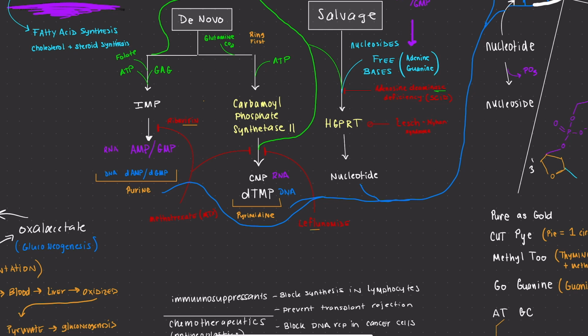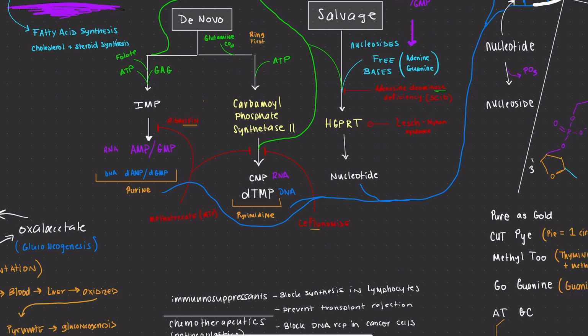For example, you could use methotrexate to treat cancer, because by impairing or inhibiting nucleotide synthesis, we can prevent cell proliferation, specifically cancer cells or bad cells. Alternatively, you could have ribavirin, which is an antiviral and prevents the nucleotide synthesis needed for viral replication, which is useful if you have a viral infection. And it does this through inhibiting guanine synthesis.